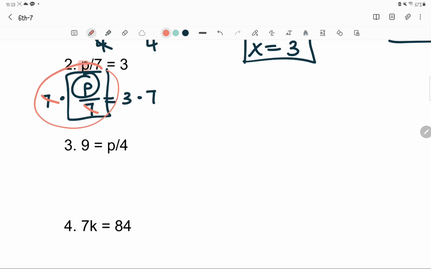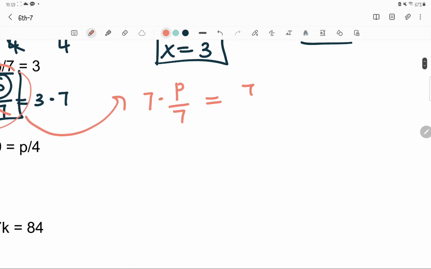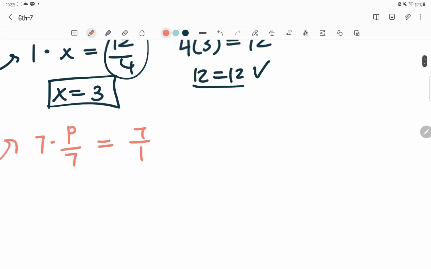And you can write this as 7 over 1 times p over 7, because all the numbers can be written as 2 over 1 or 3 over 1. This means it's just 2, and this means just 3, because every number divided by 1 is just that number.